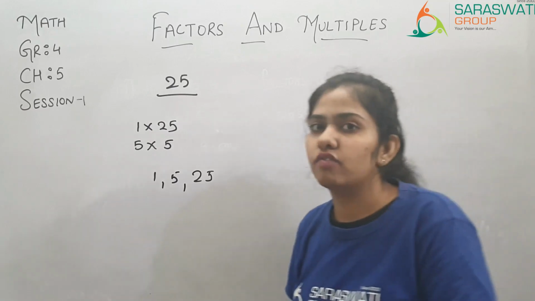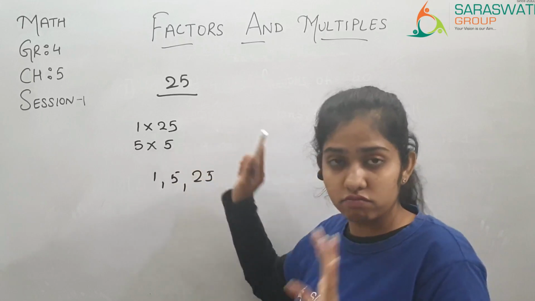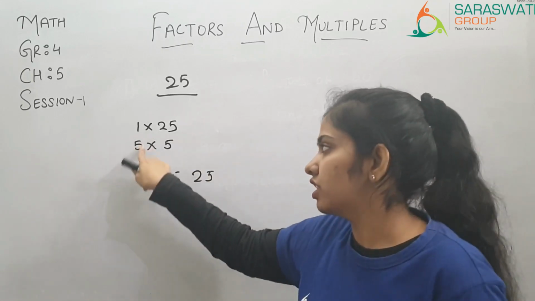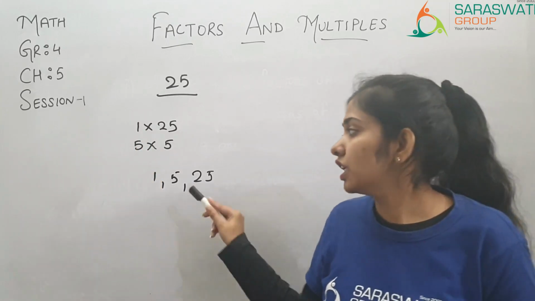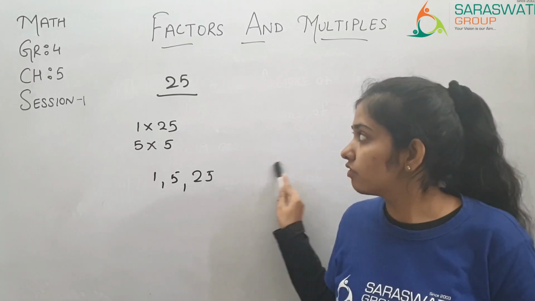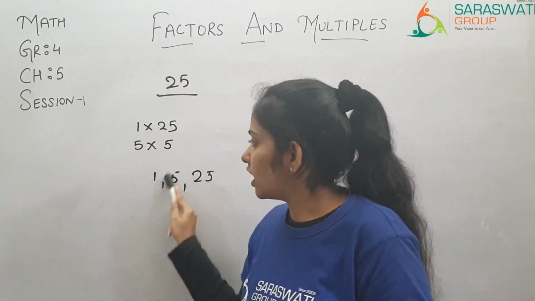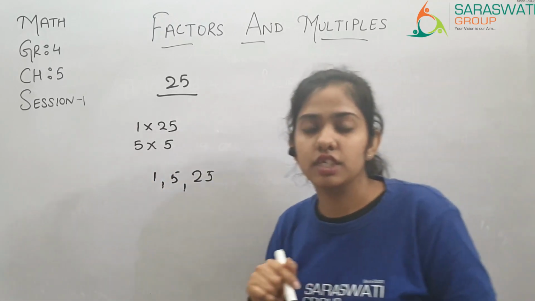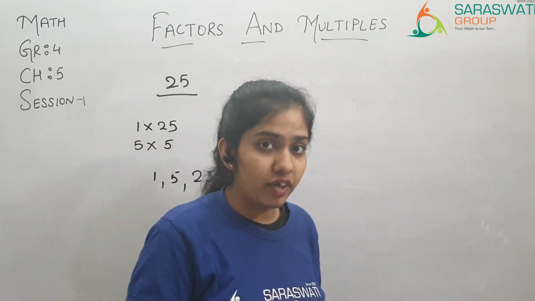The number itself is a factor, then 1 is a factor of every number, and the other one is 5. So 1, 5 and 25 are the factors of 25. So 1 is the smallest factor and 25 is the greatest factor. So in this way you are supposed to find out the factors.